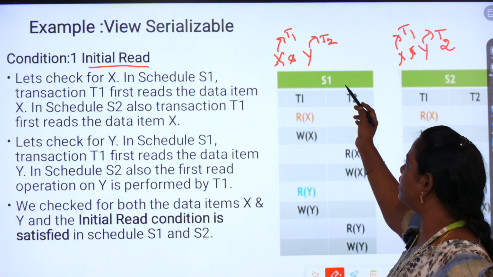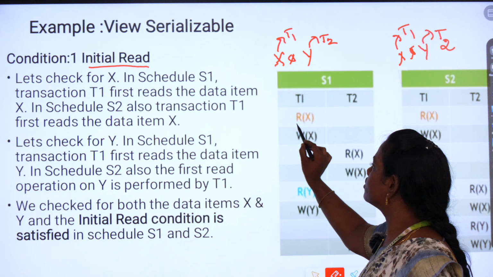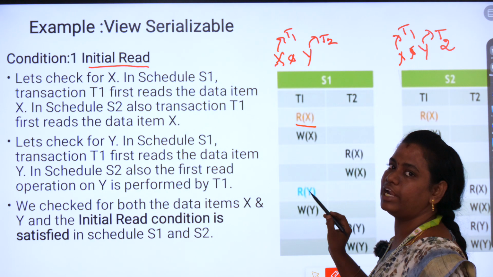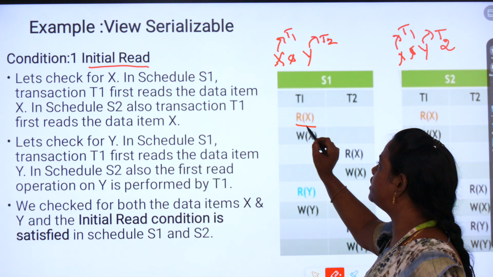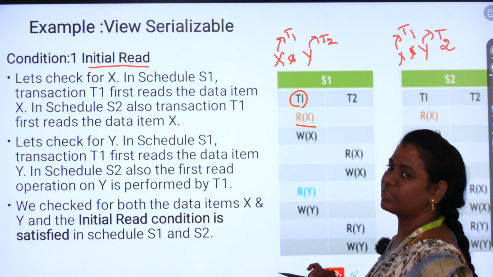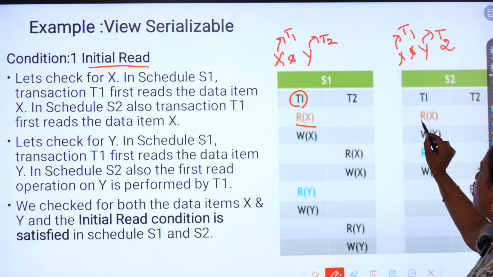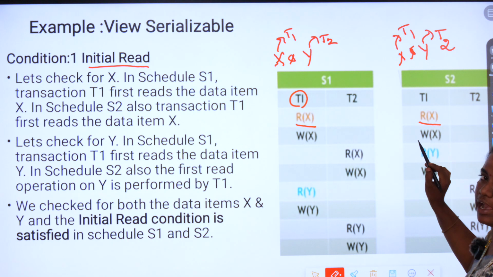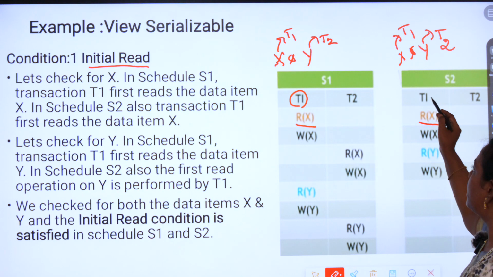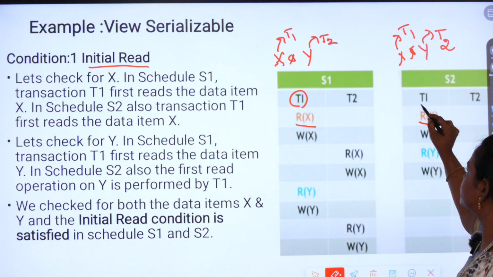So first, in schedule 1, R of X is the initial read for data item X, and initially it is done by T1. Likewise, now check schedule 2. In schedule 2, the reading of element X is done by transaction T1.